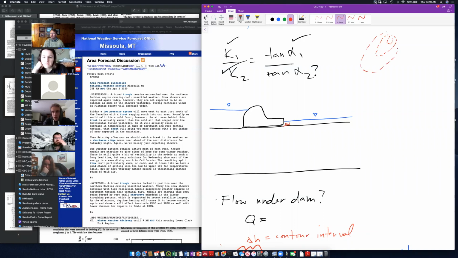If you don't know where Ranger Peak is, it's in the Bitterroots. These are contours of the elevation, let's call them 10-meter contours.